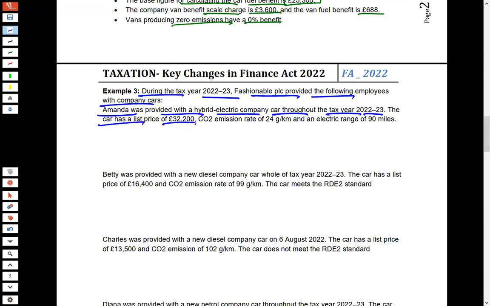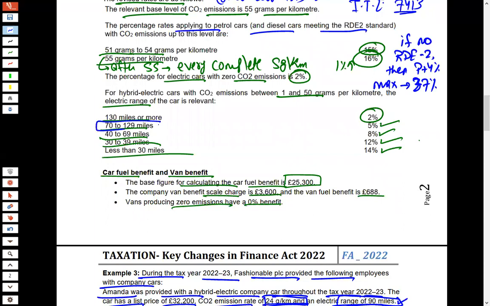The car has a list price of 32,200, a CO2 emission rate of 24 grams per kilometer, and an electric range of 90 miles. So it falls in the 1 to 50 grams per kilometer band, and with an electric range of 90 miles, the CO2 emission percentage would be 5%.